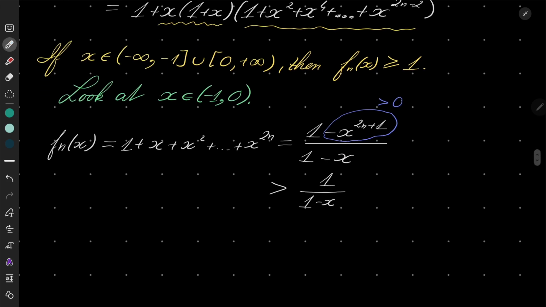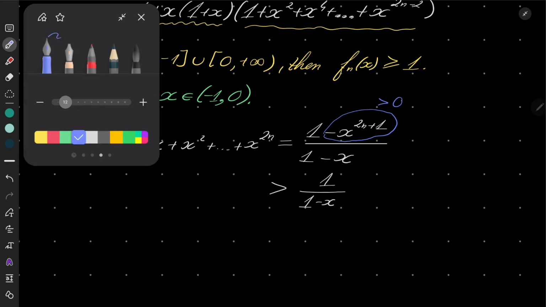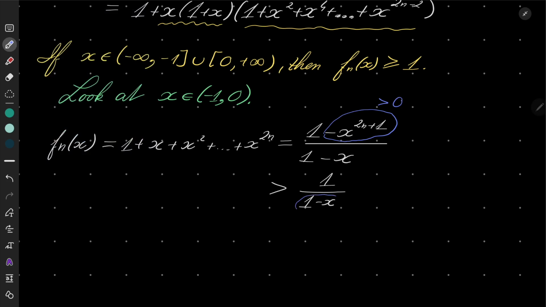And moreover, since we are dealing with numbers from -1 to 0, the denominator is always less than 2, so the entire fraction is necessarily greater than 1/2.